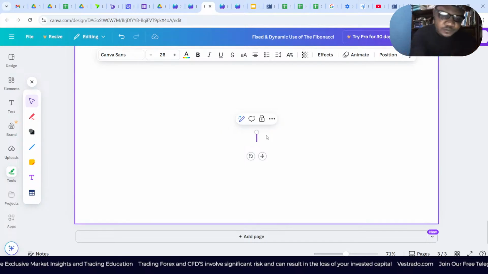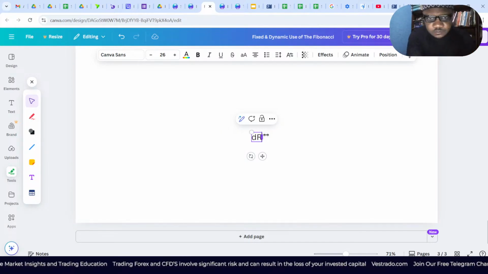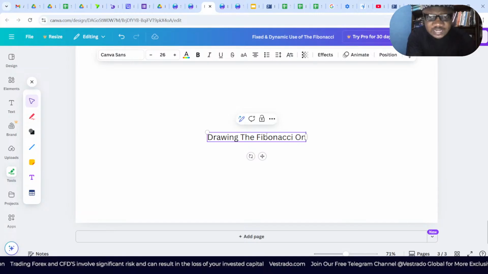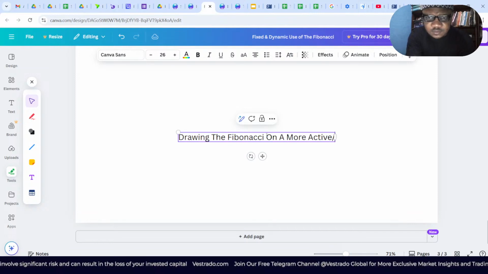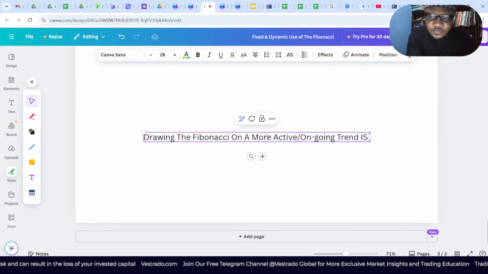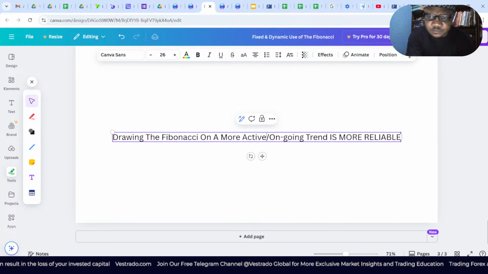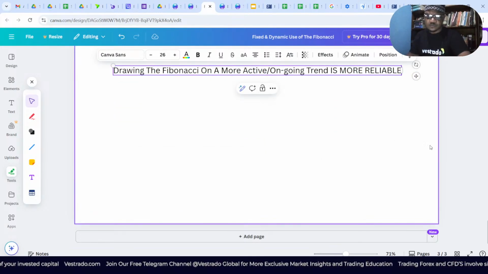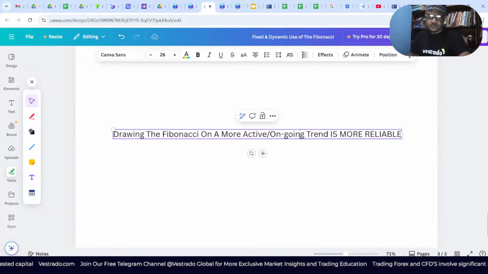Look, drawing the Fibonacci on an active trend, on a more active trend or ongoing trend is more reliable. I'm going to show that to you in a bit.